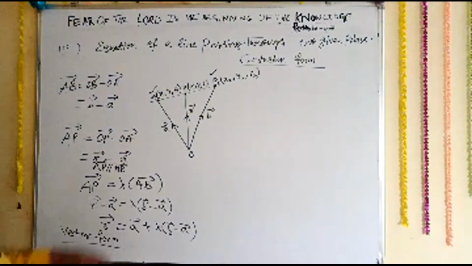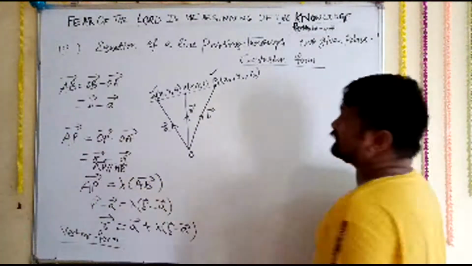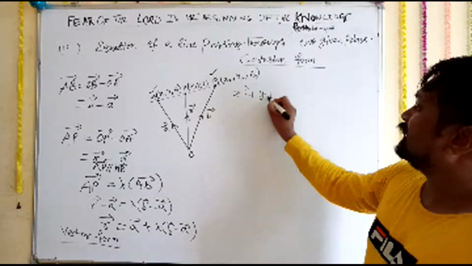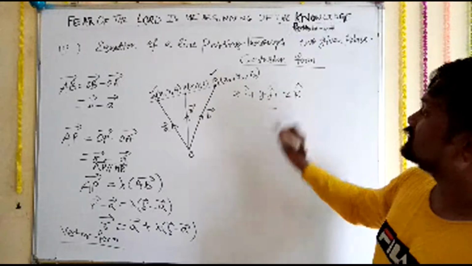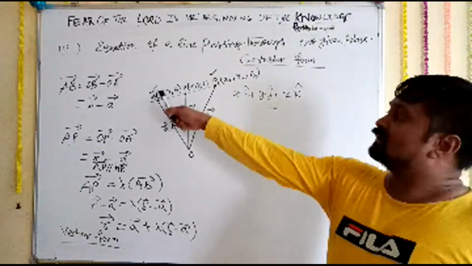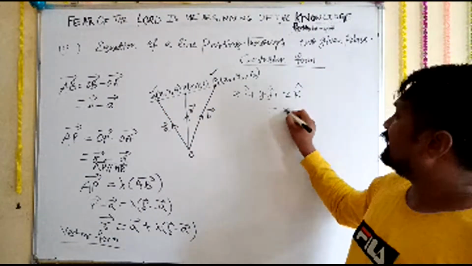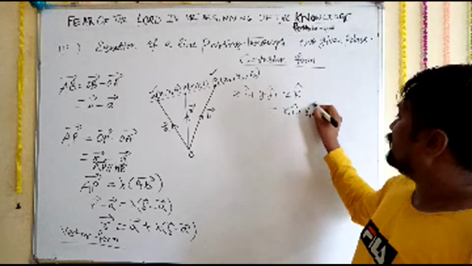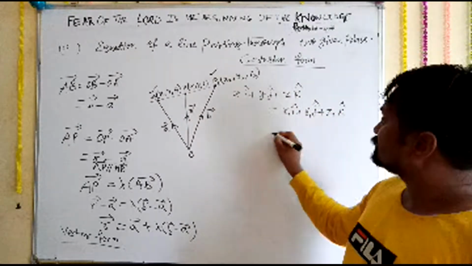So the R vector we can write as x i cap plus y j cap plus z k cap is equal to the A vector, which is x1 i cap plus y1 j cap plus z1 k cap, plus lambda times B vector minus A vector.